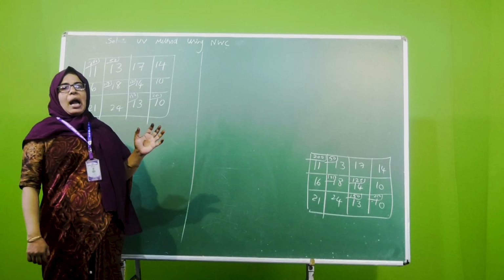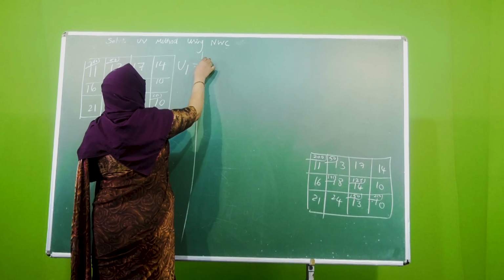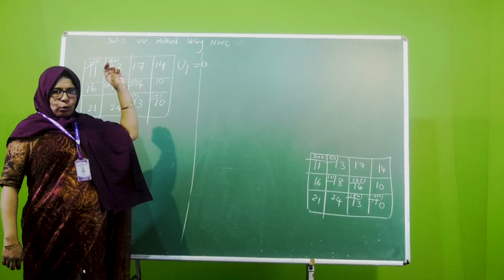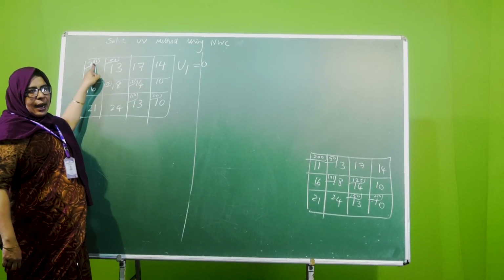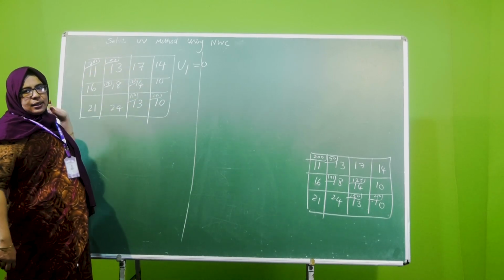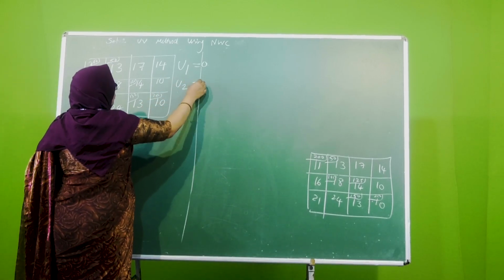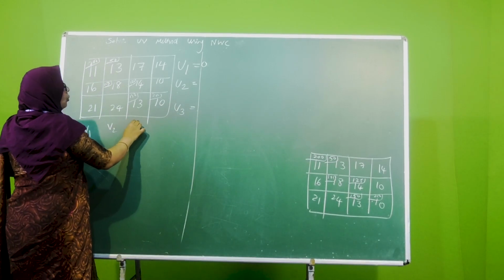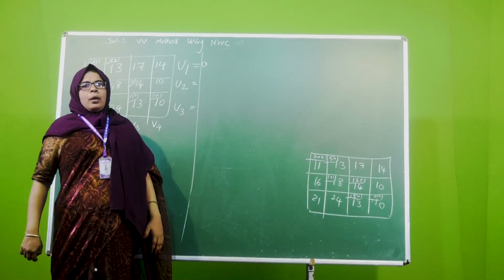We assign U1 equal to 0. You have to concentrate on the original allocations of this table. We need to find U1, U2, U3, V1, V2, V3 and V4.